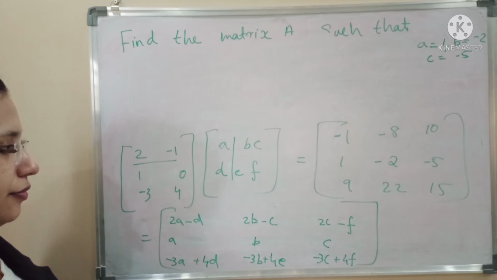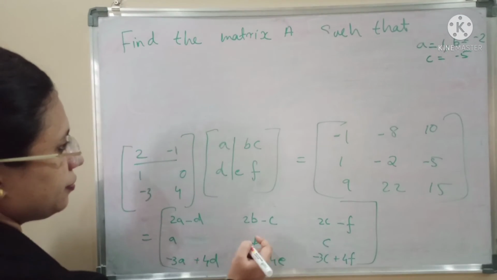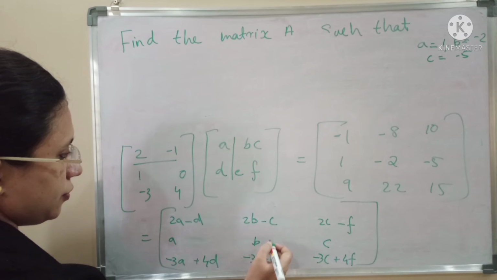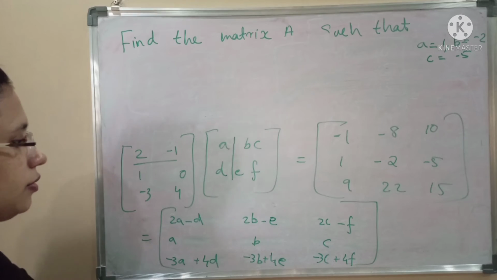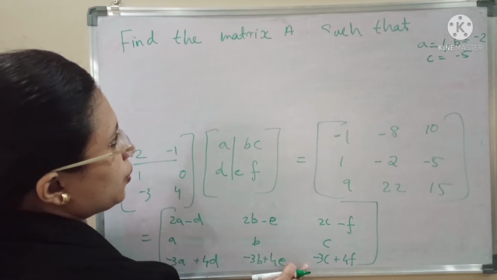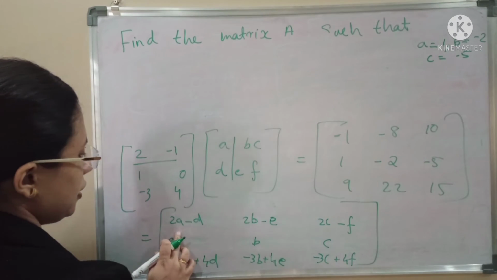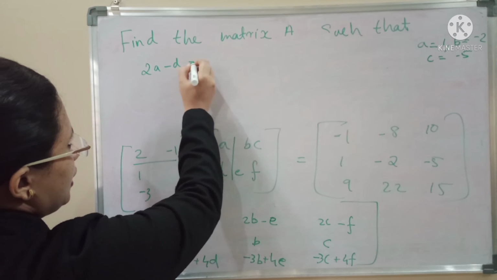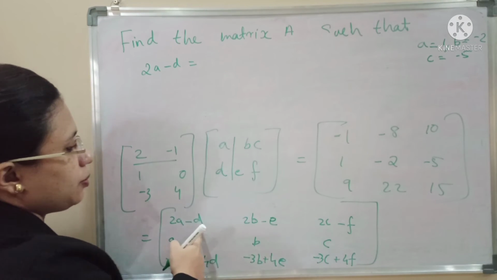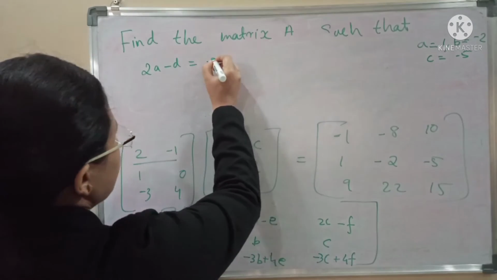Okay, so let's take this one. 2A minus D equals the corresponding element, minus 1.